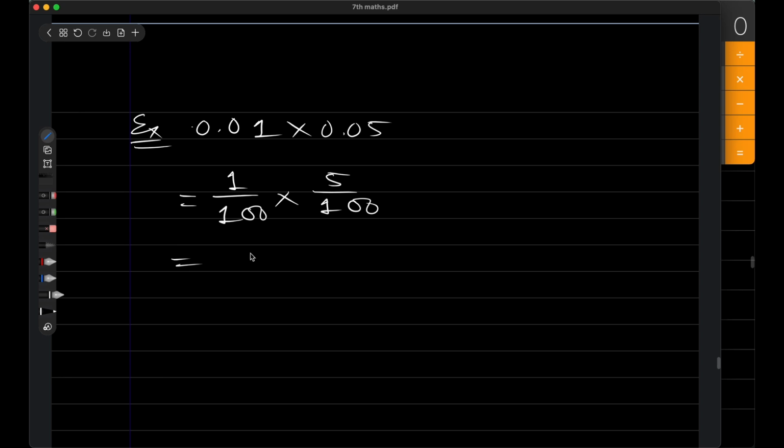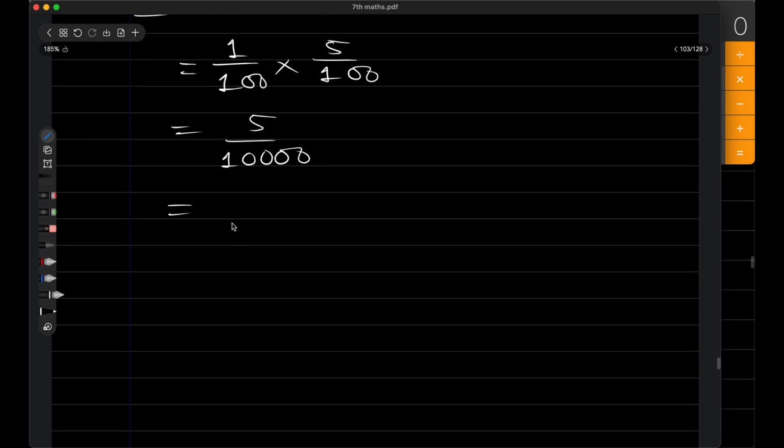Now multiplication of fractions, that is 5 divided by 10,000, which equals, starting from the right hand side, after the fourth digit put the decimal point. So starting from the right hand side, 1, 2, 3 and 4 digits, put the decimal point, and 0.0005 is the answer.